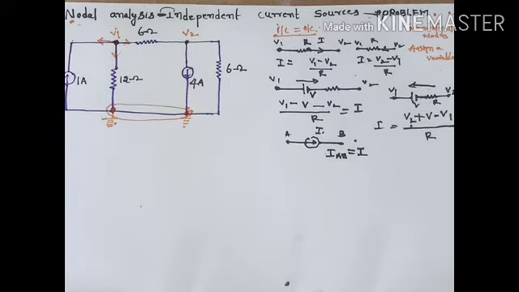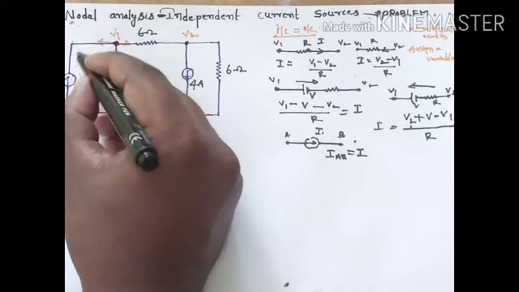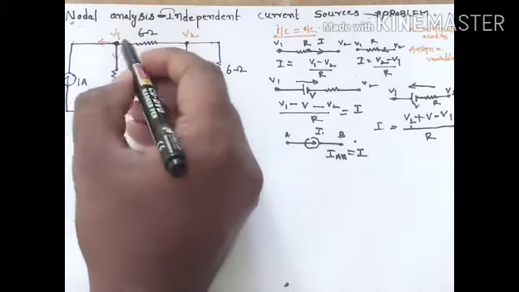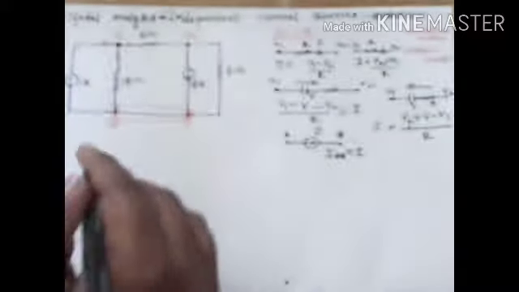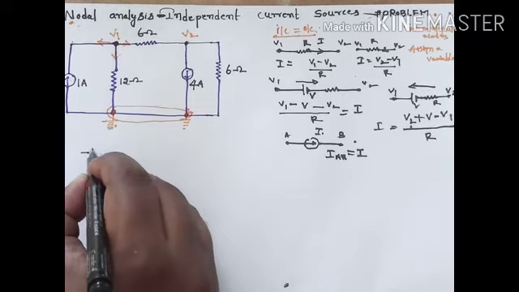Now come to the point. In this problem, here I am taking that current is already flowing along this direction, but our assumption is that from this node the current goes out from the node. So here that is -1. Why?